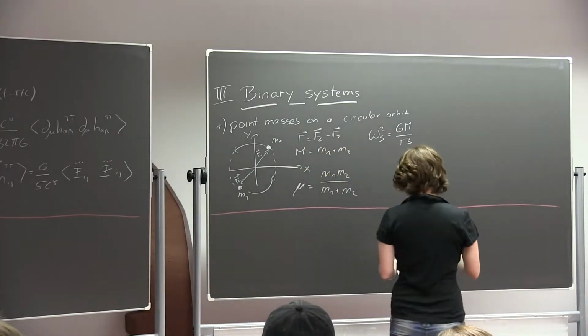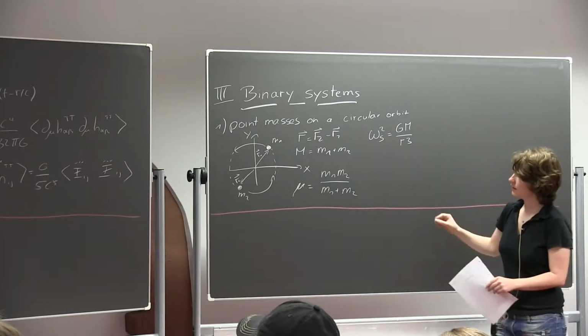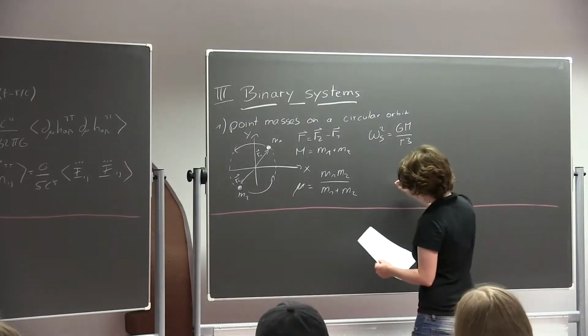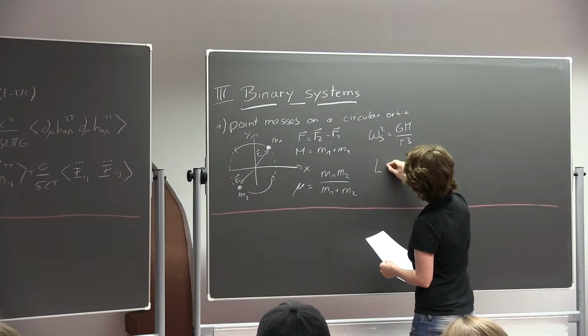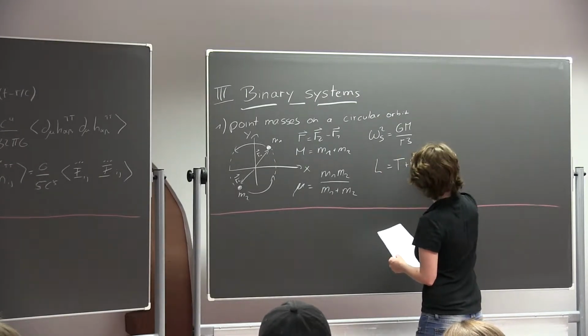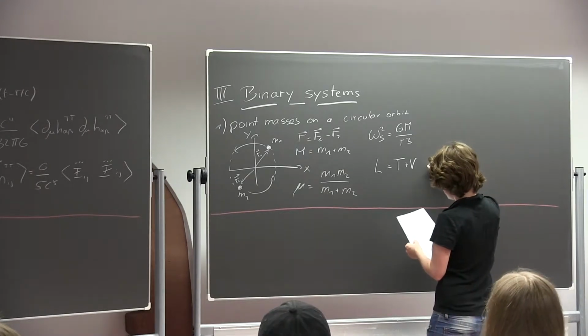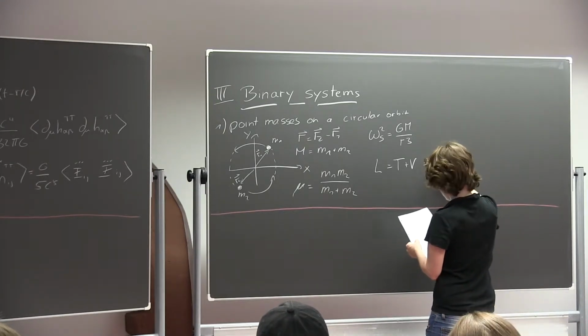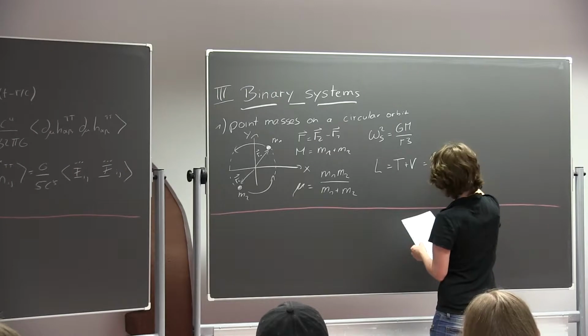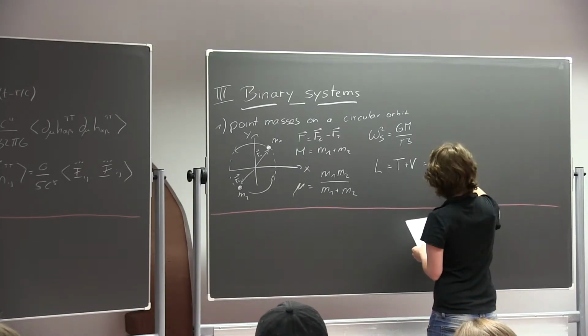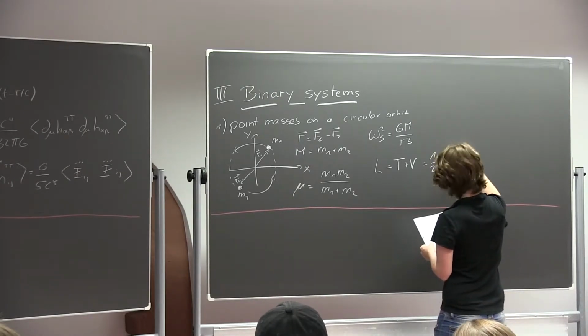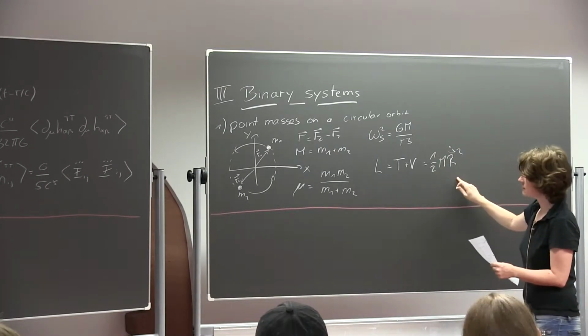So we can write the Lagrangian of the system, or the energy of the system, as the movement of the center of mass.